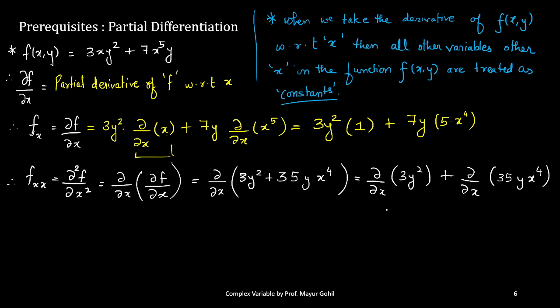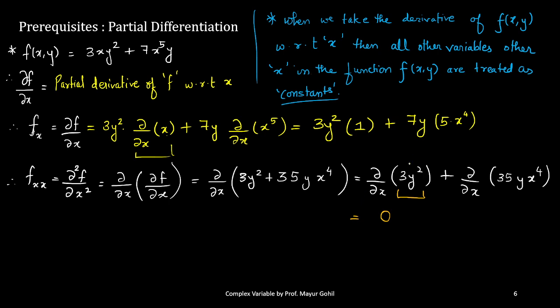Now in this function, 3y² is the function, and we are taking the derivative with respect to x, so the answer is going to be 0, because when we are taking the derivative of the function of x comma y with respect to x, all other variables other than x in the function are to be treated as constant.